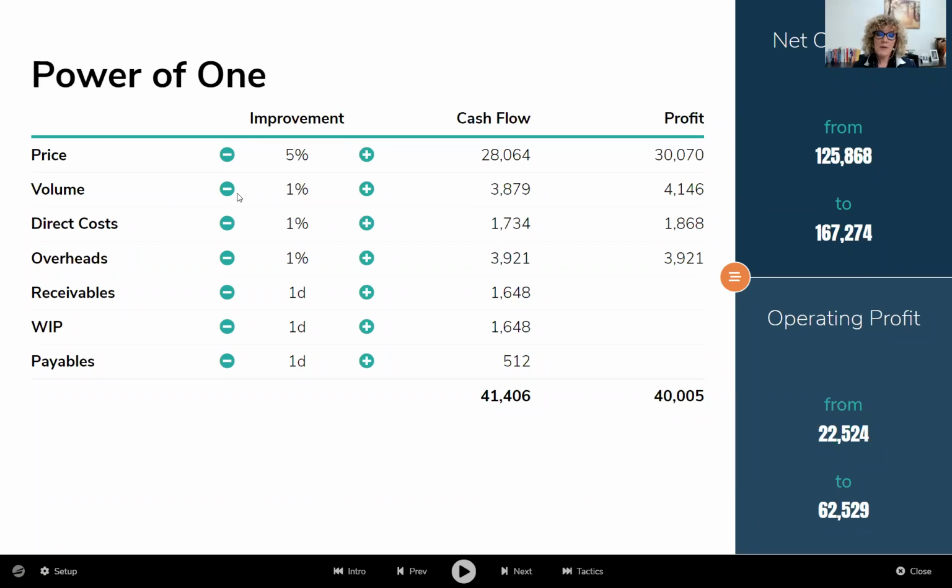Now with volume, I've got clients that say, no, I don't want to make any changes in the volume. We're at peak capacity. I don't want to take any more work. And then I've got other clients that say, yeah, I reckon we could take probably 10% more work on. So for this example, that's a really strong strategy for them. And so it brings in another 38 in cash flow, 41 in profit.